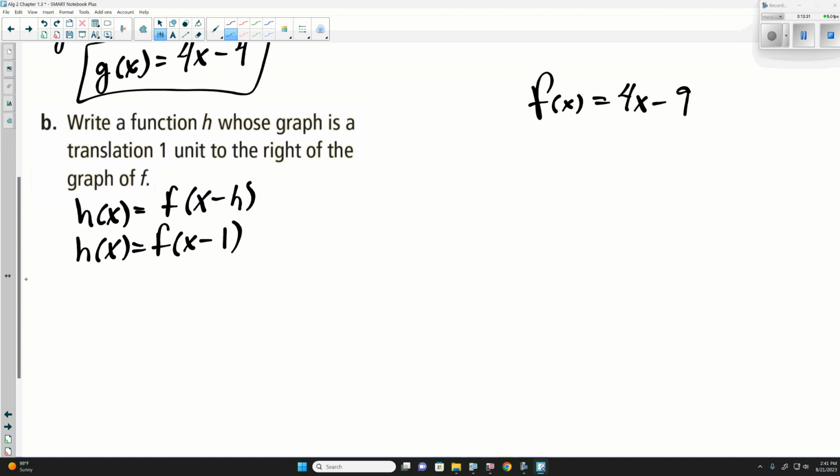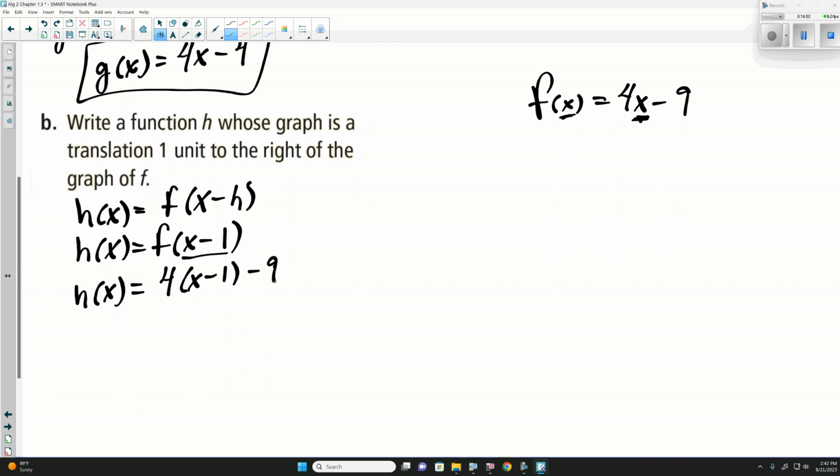So inside the parentheses, we have x minus 1, so we have changed it from f of x to f of x minus 1, which means every x in f of x has to change to x minus 1, which tells us that we have h of x is equal to 4. Originally it was times x, now it's times x minus 1 minus 9.